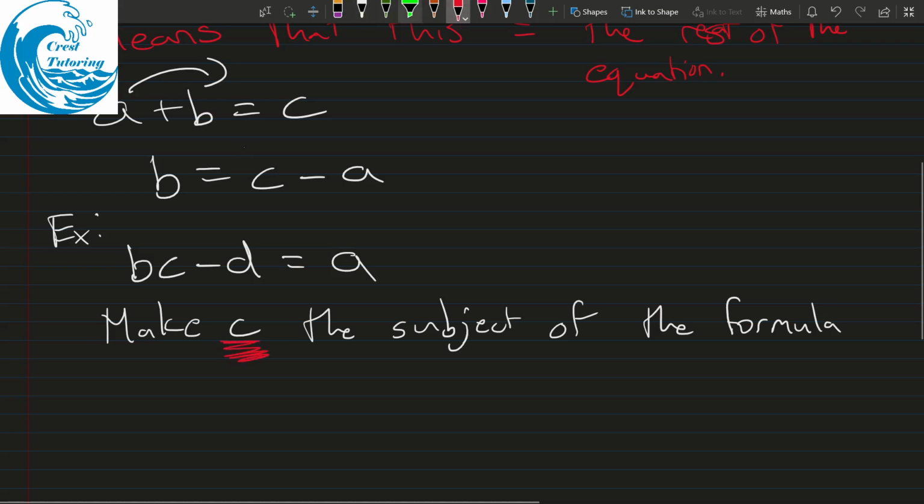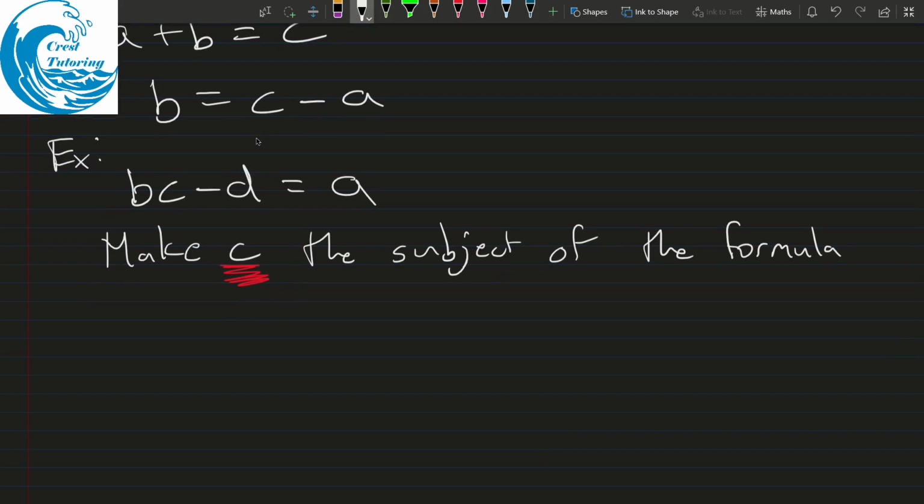So a tip as well when you're doing it, your first step, write out the equation again, and when you're doing it, write the subject in a different color. Okay, so now you know straight away you need to get c on its own.